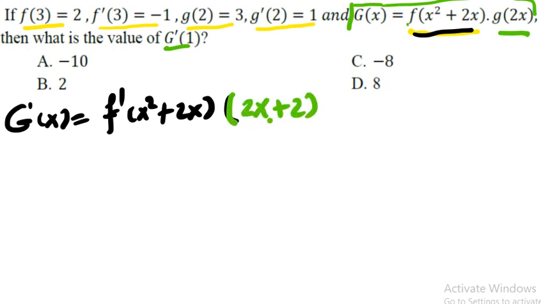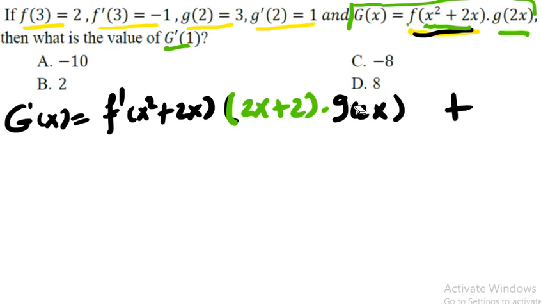This is the outcome of the f derivative part, because it is the derivative of the inner part. First f derivative, and then the inner derivative, times the second function as it is, g of 2x.